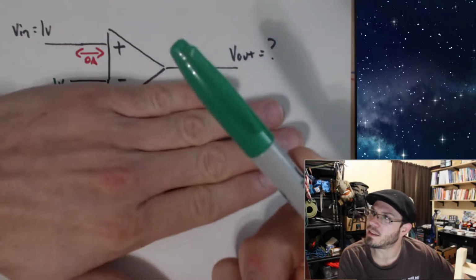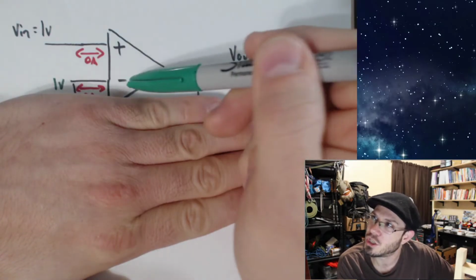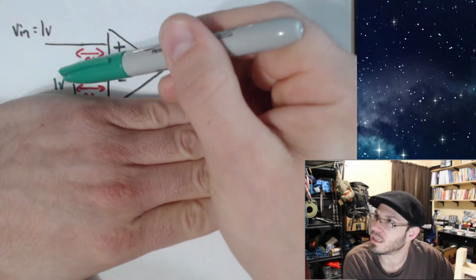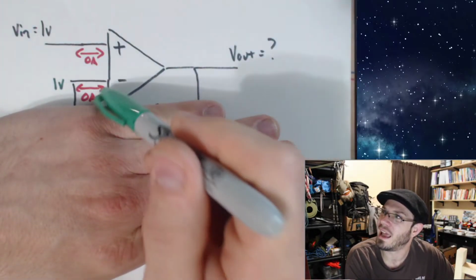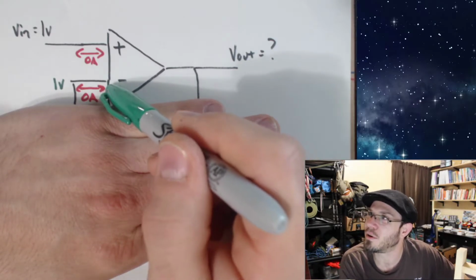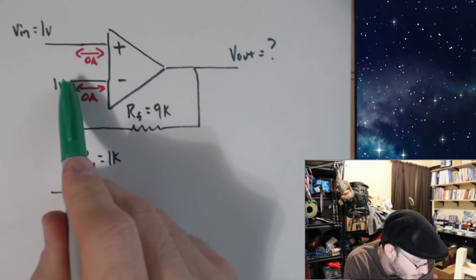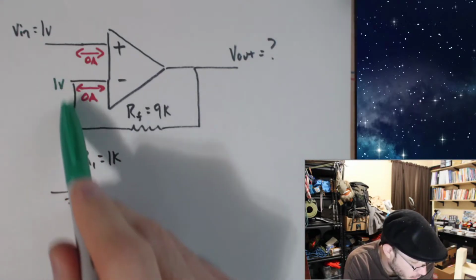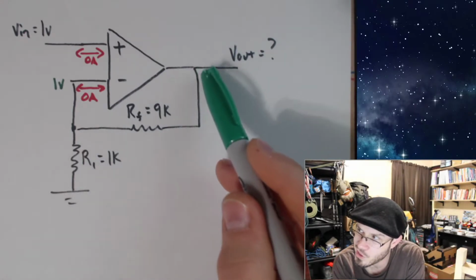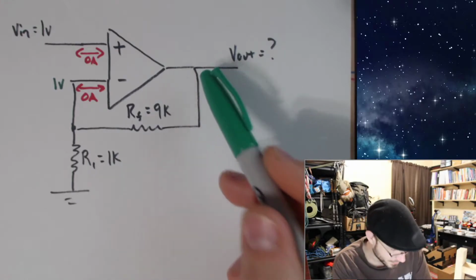You can look at this pin as just measuring the voltage, not actually changing the voltage, okay? High impedance or no current in or out. So how did this become 1 volt? Well, it became 1 volt because this output did something here. And our job is to figure out what this output did.